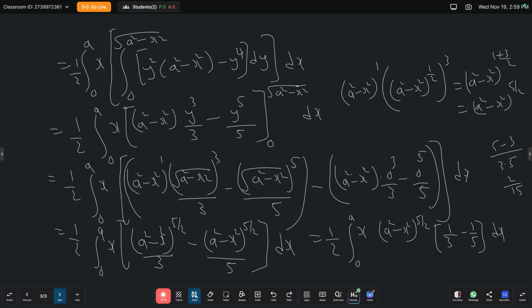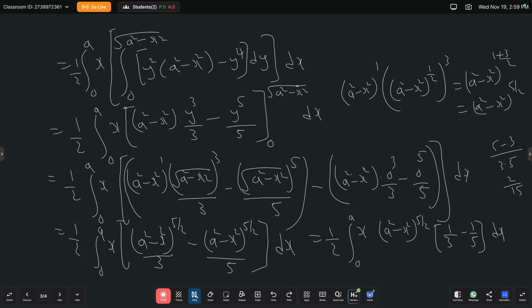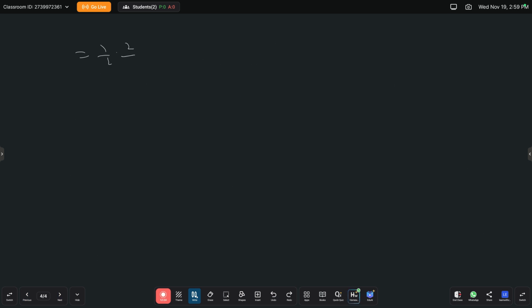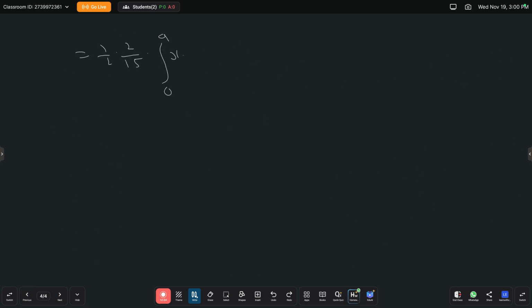So this is equal to 1 by 2 into 2 by 15, integral 0 to a, x into a square minus x square to the power 5 by 2 into dx.